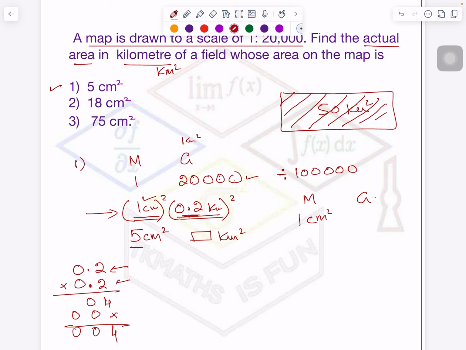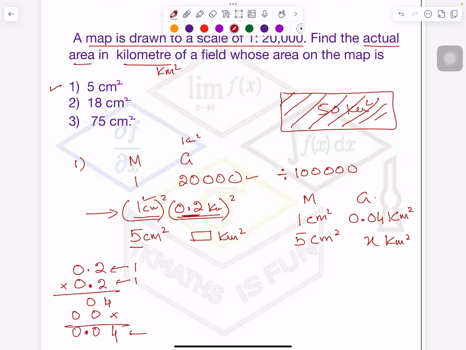The decimal is after 2 digits, one from here, one from here, so it will come here. This means it is equal to 0.04 square kilometer. Now I got this scale in area. Here I can write now 5 square centimeter, and what is this equal to, which I have to calculate.